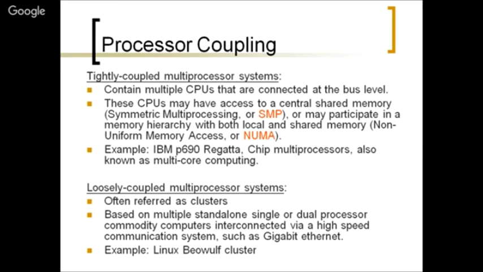One example is the IBM P690 Regatta system. Then we have chip multiprocessors. Again, as I said, it's an era of parallel processing. We have multiprocessors, then multi-computers, and now it's an era of interdisciplinary kind of things.